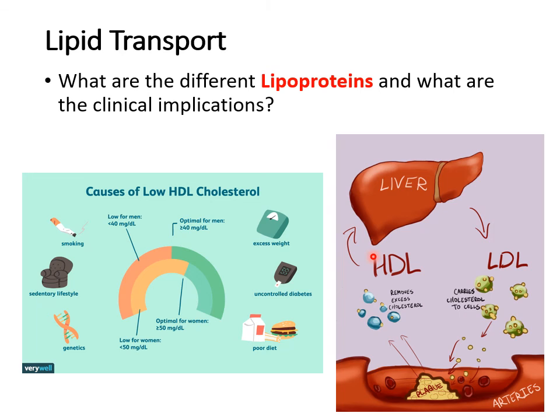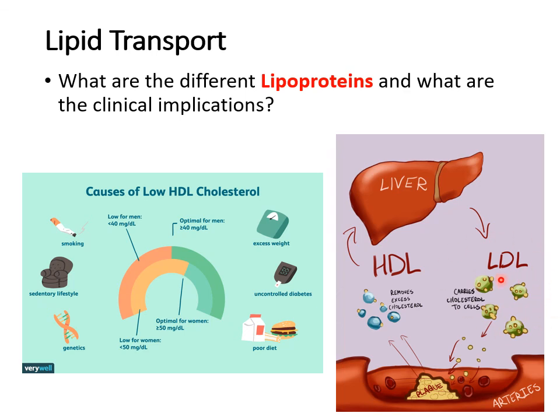The reason is because HDL regulates lipid storage and excretion of cholesterol, meaning, as you can see here, HDL carries excess cholesterol back to the liver to be broken down and removed from your body. Whereas LDL is the opposite.